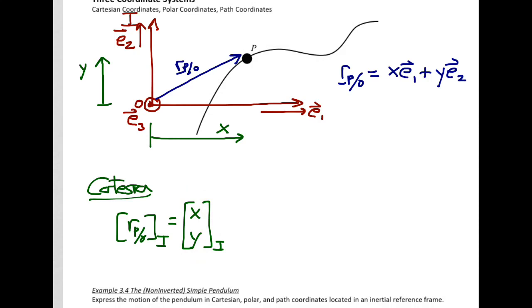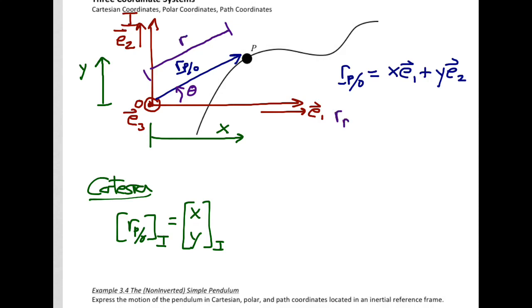Now let's define our polar coordinates. For polar coordinates, we have a radius and an angle. And I think you've seen this before in physics. So we need to define an angle with respect to one of our lines in our reference frame. We'll define that angle as theta. And then we'll define the length of the vector, as we're tracking this point P, being r, the radius.